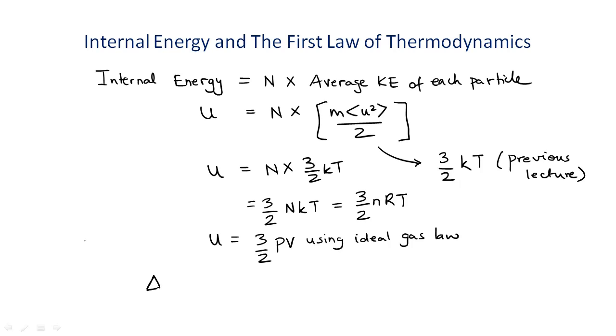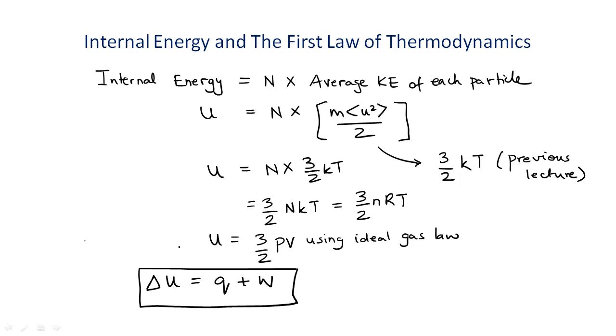Delta U is equal to Q plus W. Here, Q is the heat absorbed by the gas, and W is the work done on the gas.